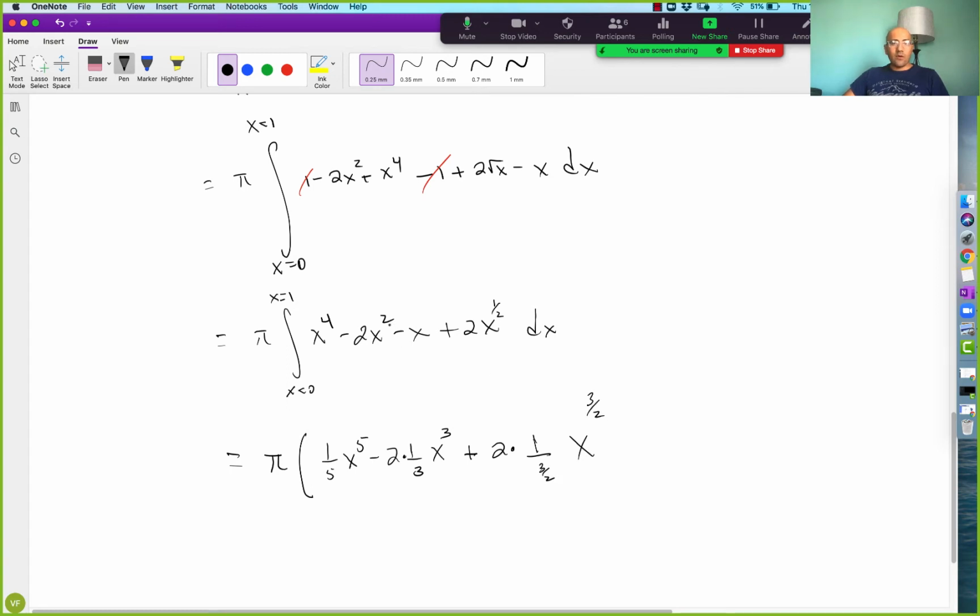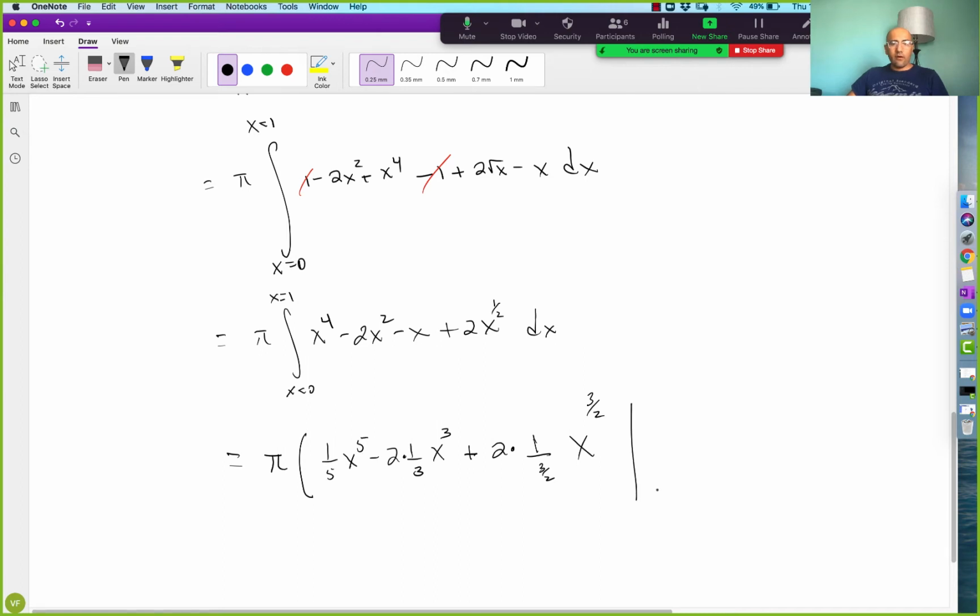Notice I've been adding 1 every time. Add 1, add 1. So if you add 1 to 1/2, you get 3 over 2. And the pattern is always to divide by that factor, so you can write it this way, or you can also just note that this is 2/3 if you simplify it. Whatever makes most sense to you.